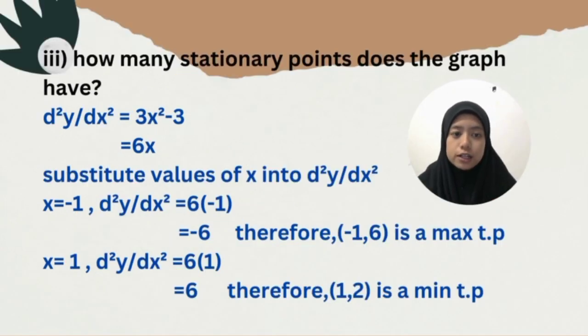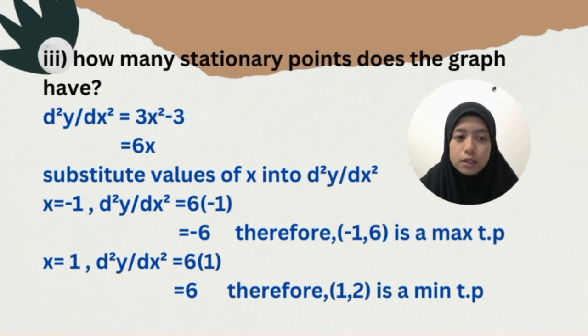To find the nature of the stationary points on the graph, we must use the second derivative, which is d squared y over dx squared. Then we take the value from dy over dx and we differentiate it a second time.